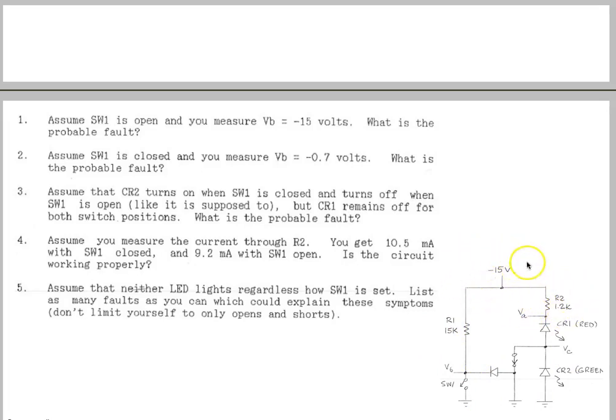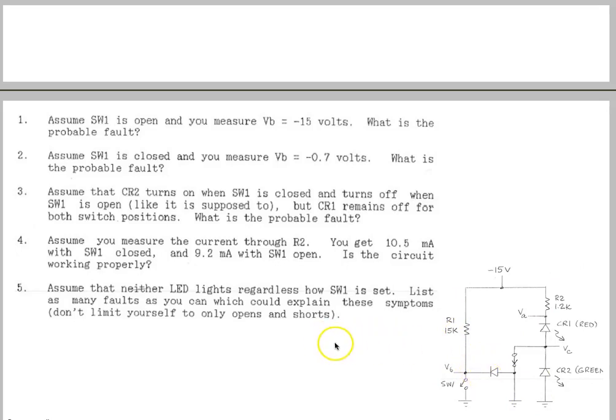Maybe the power supply is of wrong polarity, or you have zero power, or you have an open trace in the CR1 and CR2 supply path. Maybe VB is shorted to the ground. Those symptoms can be included, and if you think of any more, you can include them.